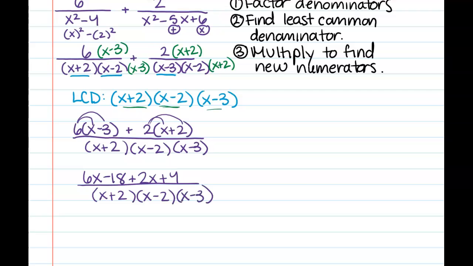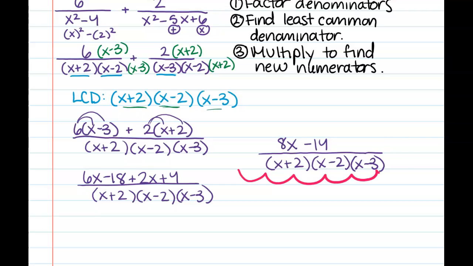And then we can simplify one more time. And if we do that, 6x plus 2x is 8x. Negative 18 plus 4, negative 14 over x plus 2 times x minus 2 times x minus 3. And so there's our simplified sum.